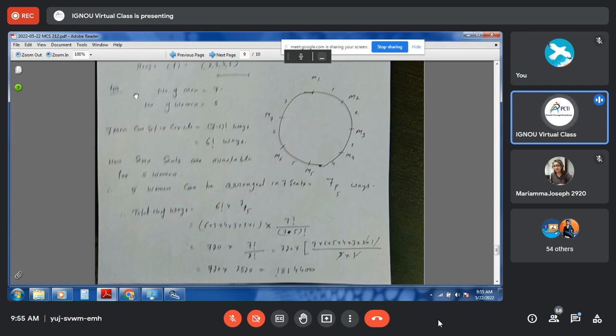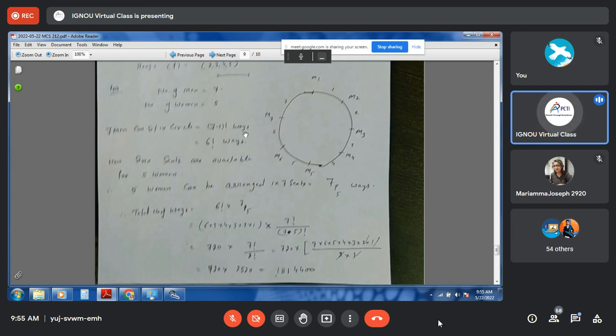The circle formula is applicable to the men. 7 men can sit in a circle in (7 minus 1) factorial, that is 6 factorial ways. This is clear. Here are the 7 men, M1, M2, M3, M4, M5, M6 and M7.